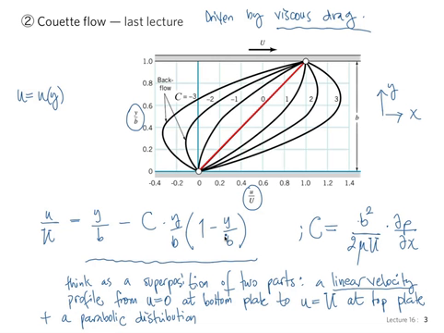The second part here is parabolic, you see? That depends on the magnitude of the applied pressure gradient. So we have these two components that could be driving the flow.